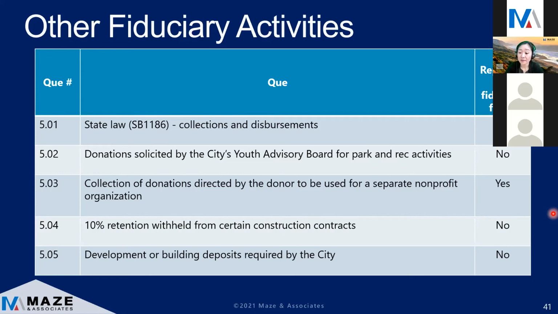But because it is actually funding the activities of your organization, let's say the deposit is for plan review, it is essentially an advance payment for the service of a city. So that should be recorded in the funds where these planning or building activities are reported.